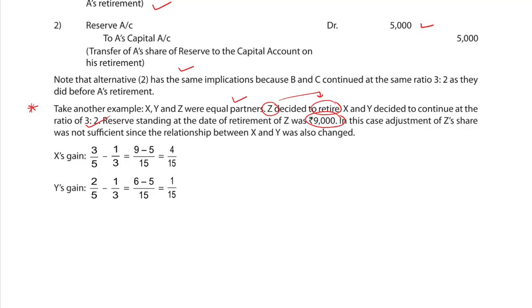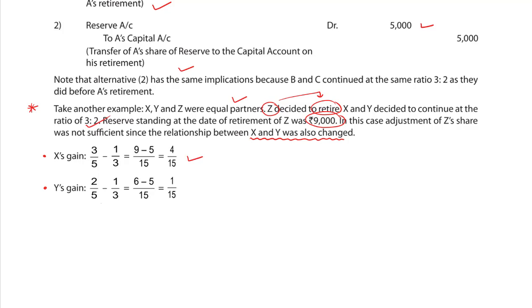In this case, adjustment of Z's share was not sufficient since the relationship between X and Y was also changed. We need to calculate the gain of X and the gain of Y. So the new share of X is 3 by 5 and the old share is 1 by 3. So gain is 4 by 15.